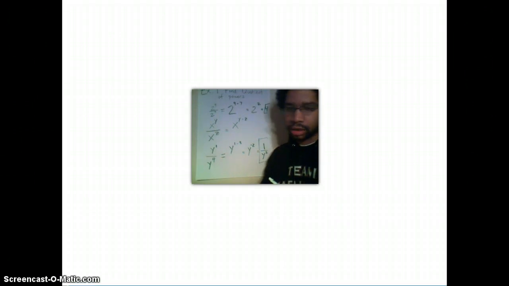We have 2 more to work. Okay, now we're going to get a little bit crazier and go m to the fifth, into the fourth, all over m to the fifth, that quantity squared, times n.